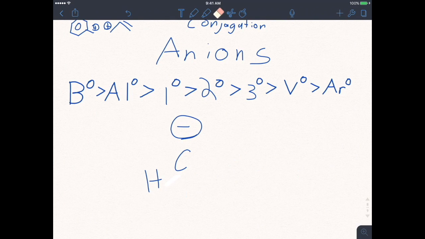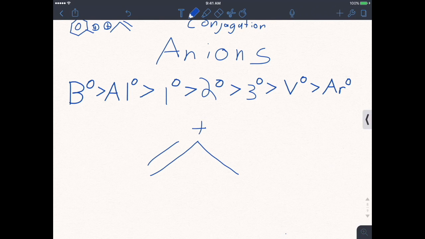The last two are based on the breaking of resonance or messing with those nice structures. So vinyl and aromatic are kind of the opposite of benzylic and allylic. Vinyl is if you put a positive charge on those double bonds. This is really weird. Shouldn't really happen. It's way unstable.